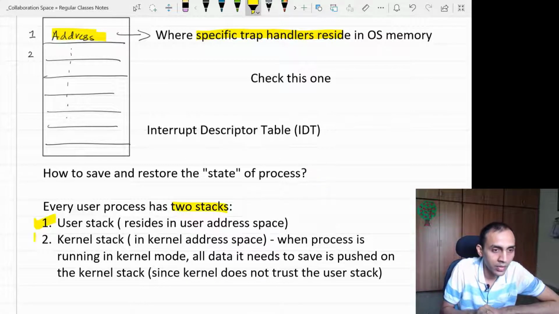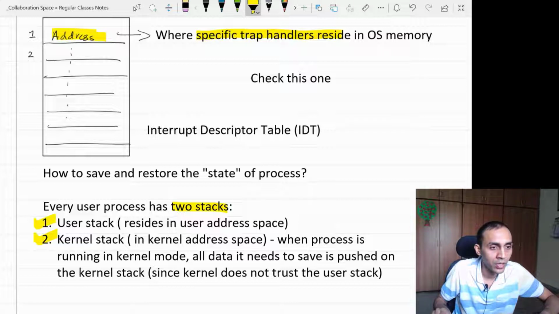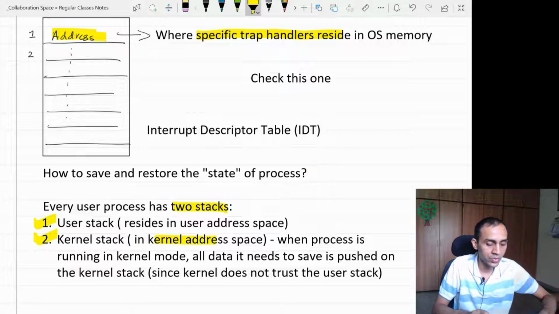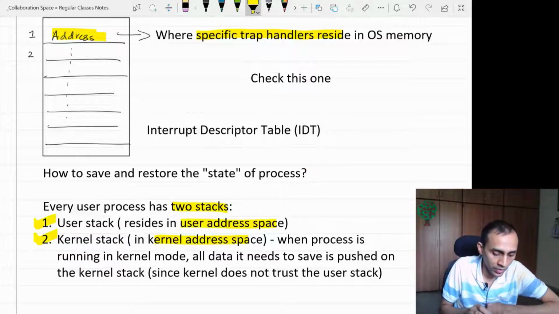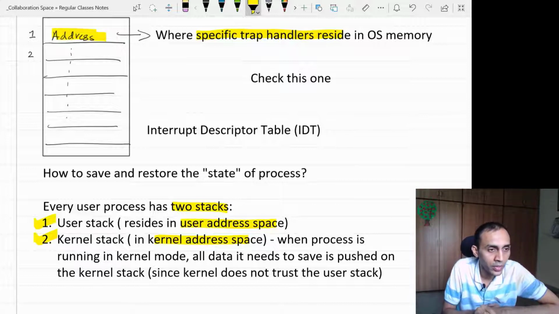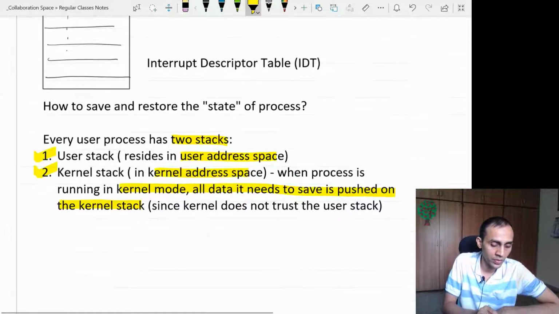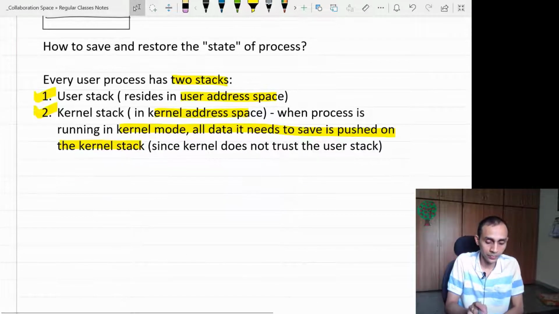The other is a kernel stack, which is part of the kernel memory, the OS memory. Whatever data needs to be saved during kernel mode, the process pushes and pops on this kernel stack whenever it is executing in kernel mode.